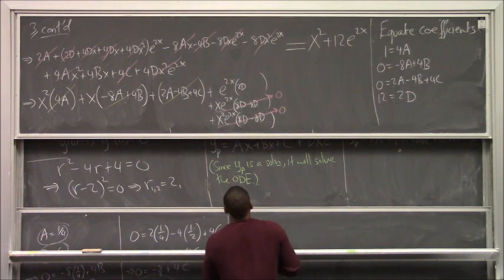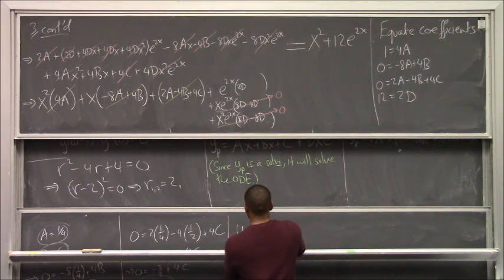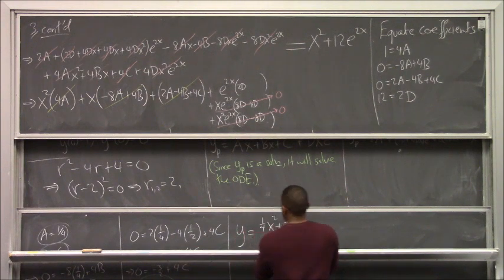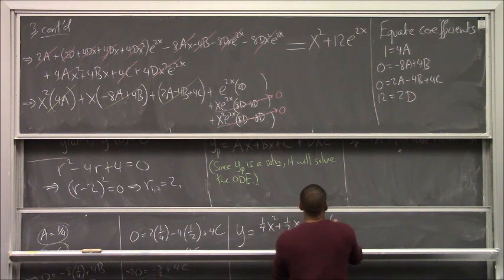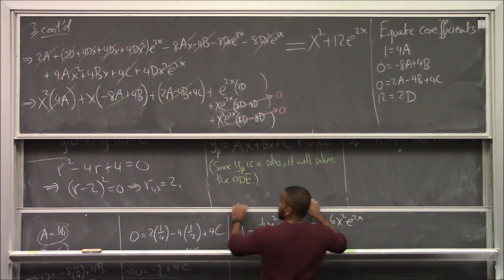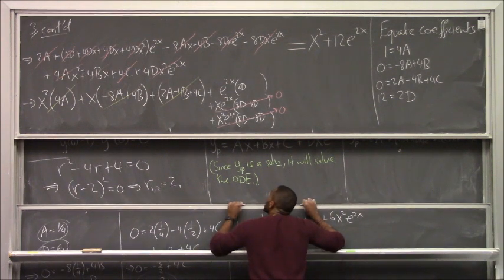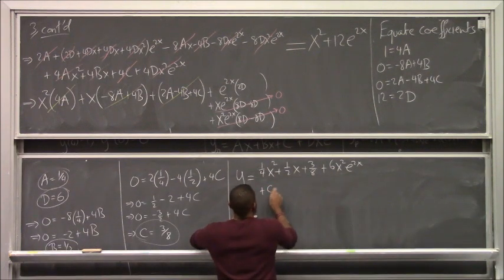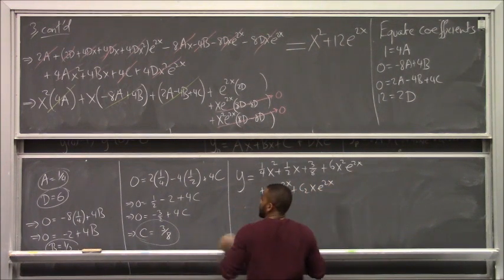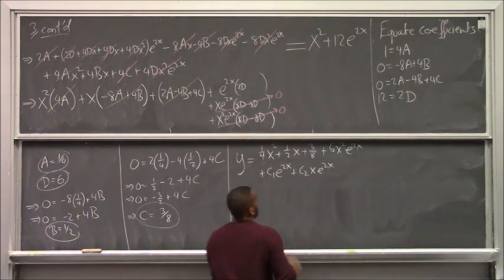So A times x squared, my A was 1/4, 1/4 x squared plus B, 1/2 x plus C, 3/8, plus D, 6x squared e to the 2x, plus the homogeneous solution, which was just a repeated root at 2: C1 e to the 2x plus C2 x e to the 2x. That is my general solution.